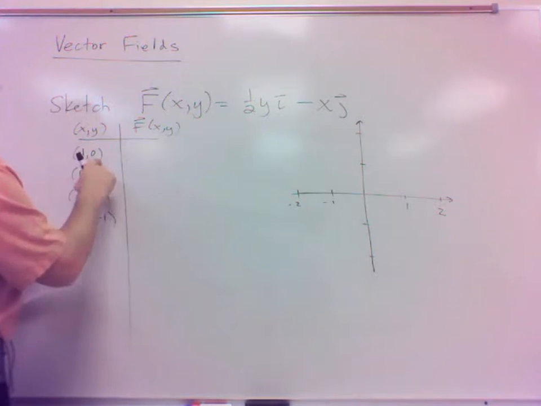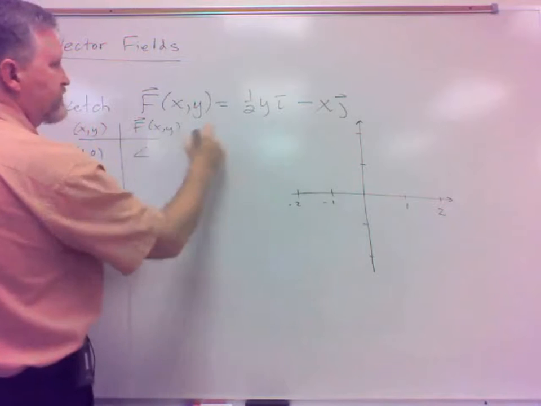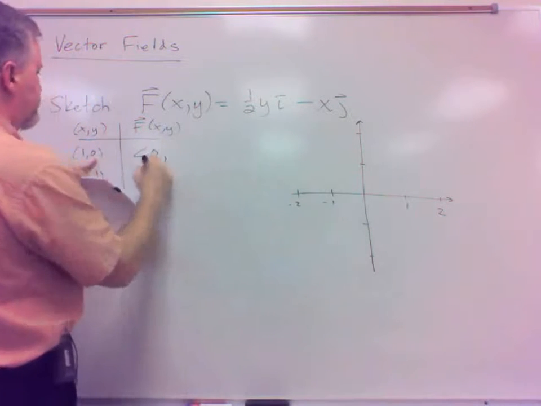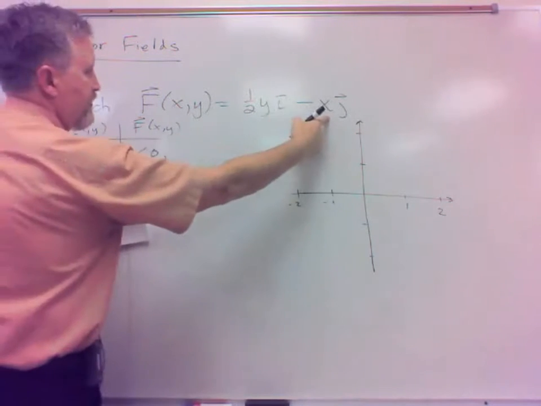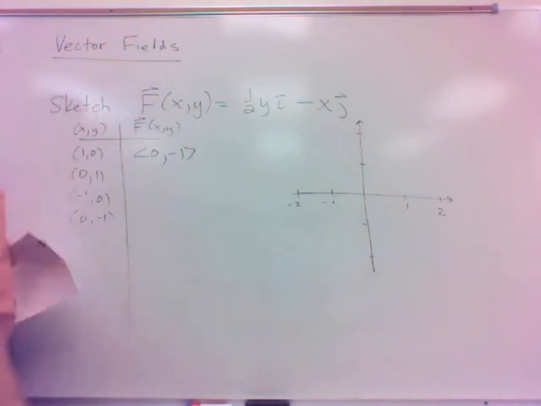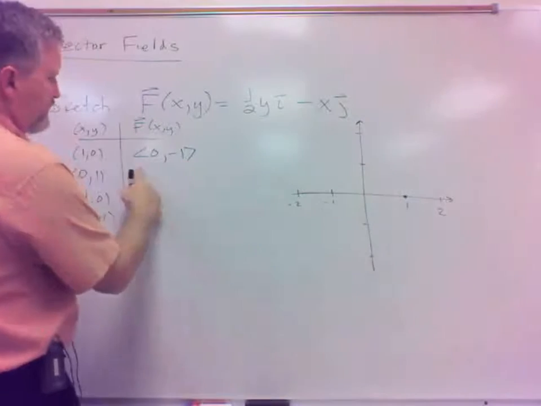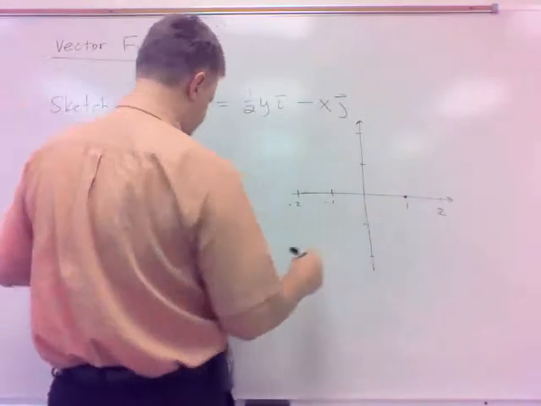All right, so at 1, 0, the i component is going to be 1/2 y, so that'd just be 0. And then the j component is negative x, so that'd be negative 1. And so at 1, 0 right here, we need to draw in the vector 0, negative 1.